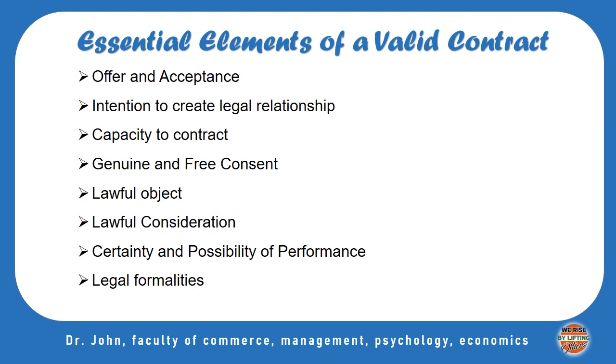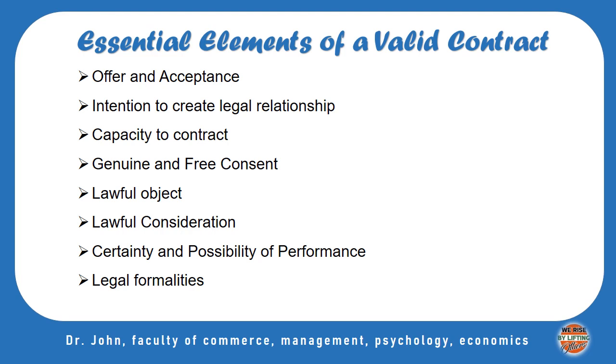The next one is certainty and possibility of performance. The terms of the condition should be certain and not vague. It should not be ambiguous. An agreement to do an impossible act cannot be enforced at all. And finally, legal formalities. A contract should be enforceable in a court of law, which means it should be valid.